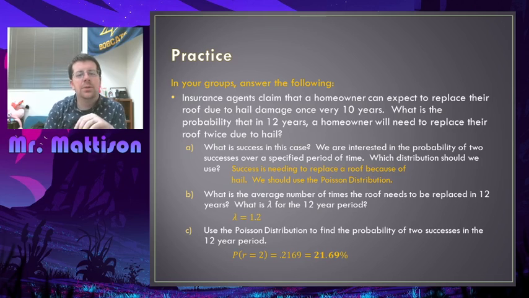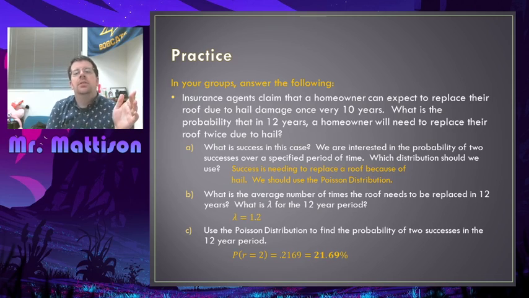So to find my lambda, my probability is 0.1, and I have 12 years, or 12 trials in a sense here. My sample size is 12, because every year is a sample, effectively. So I would get 0.1 times 12, or 1.2 for my lambda.